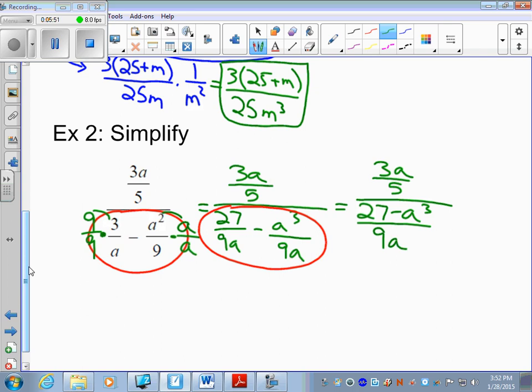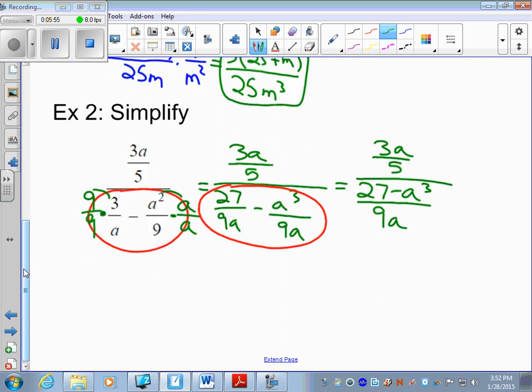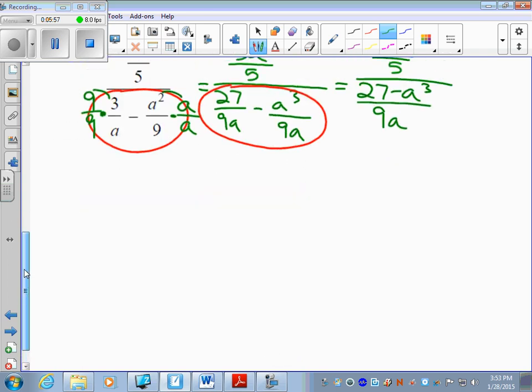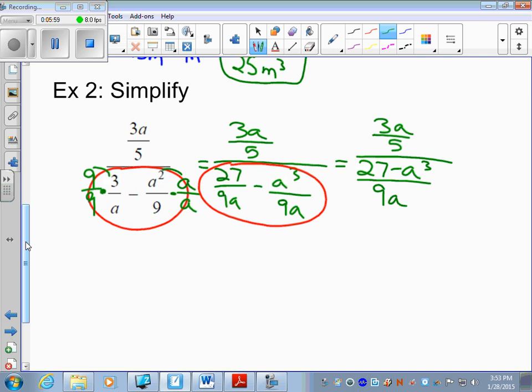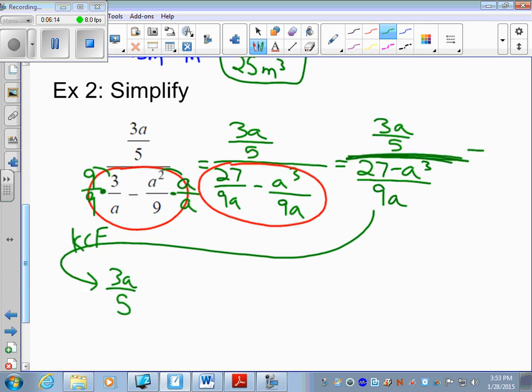Now we change that using keep, change, flip. So we keep the 3a over 5. This is K, C, F. Keep it, 3a over 5. This is also a division here. So you change it to a multiplication and flip the second fraction.